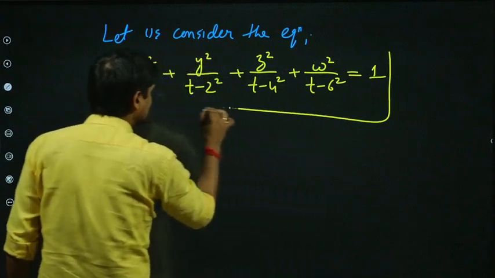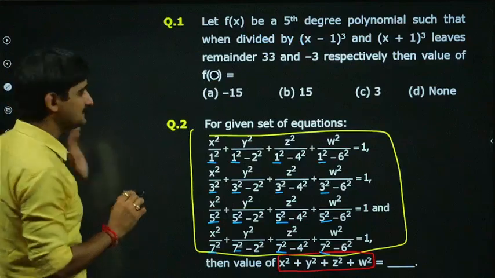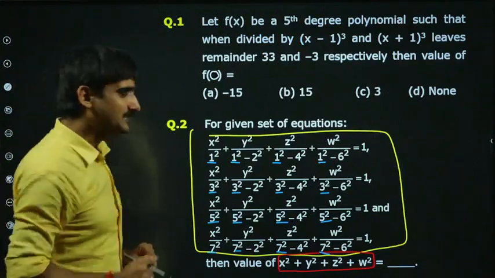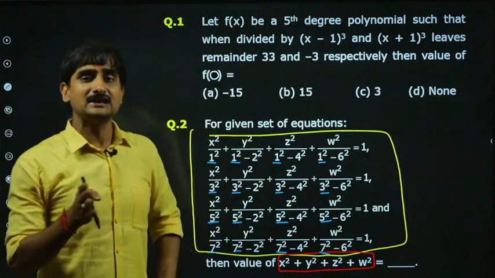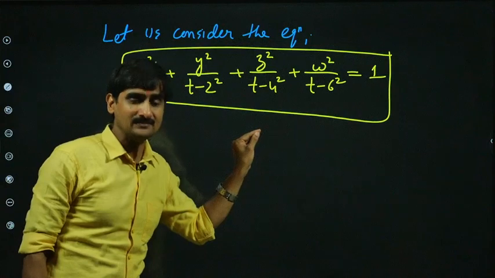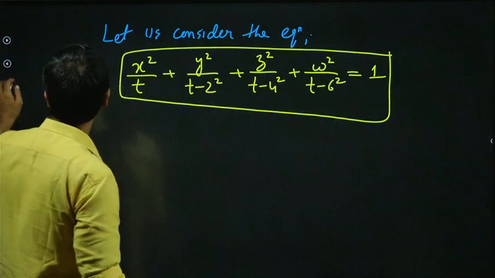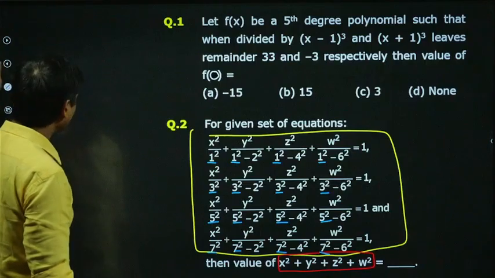So let us consider this equation. Now what's the purpose behind it? The simple purpose is, considering t as the variable of this equation which we have just started with, we can claim that it has four solutions.